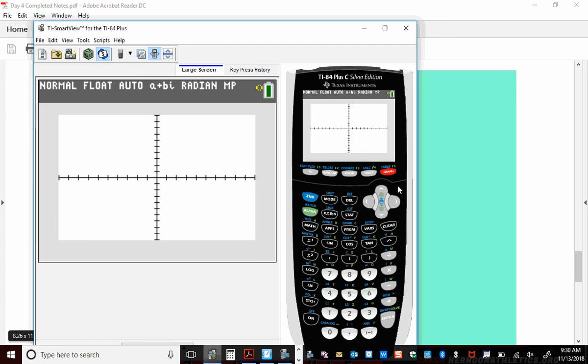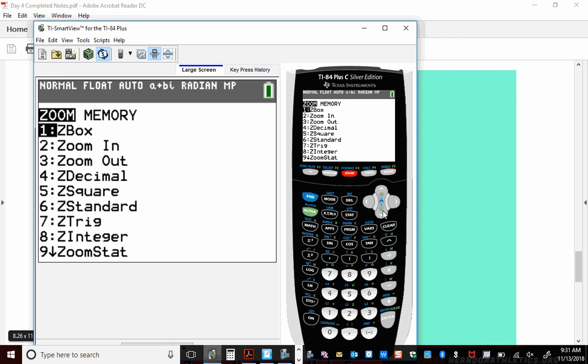All right, if I graph this, okay, so I can't see anything in this. So what I'm going to do is when I hit zoom and I go down to fit, which I think is 0.